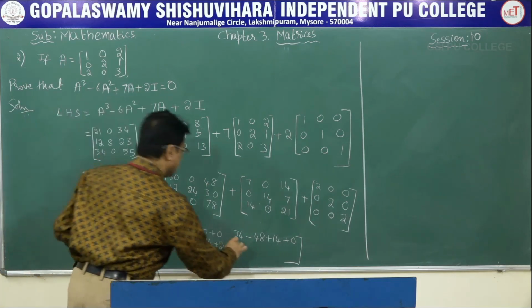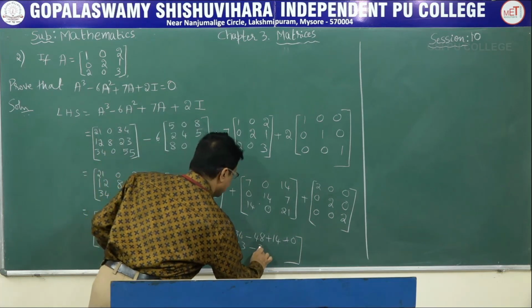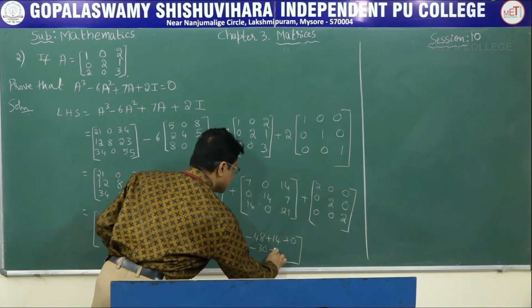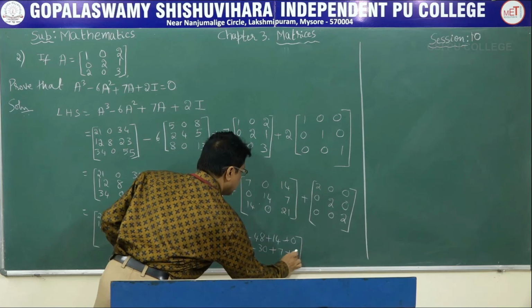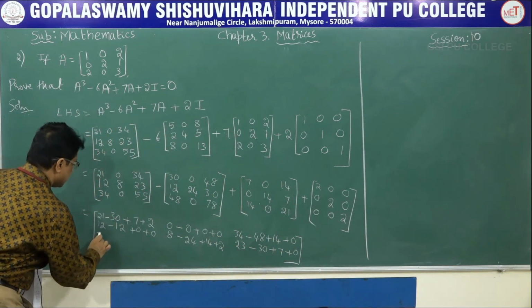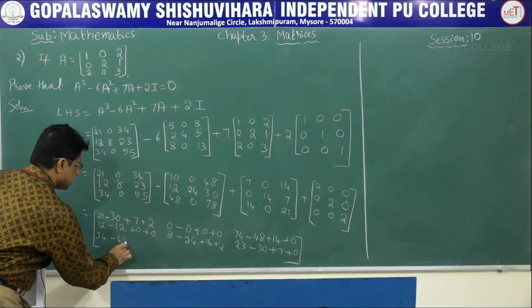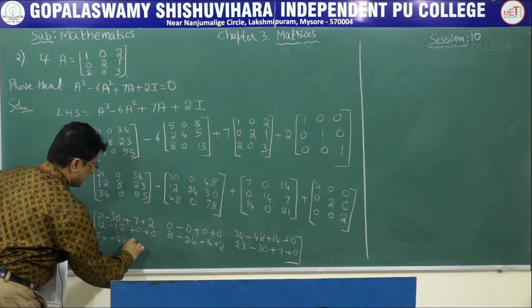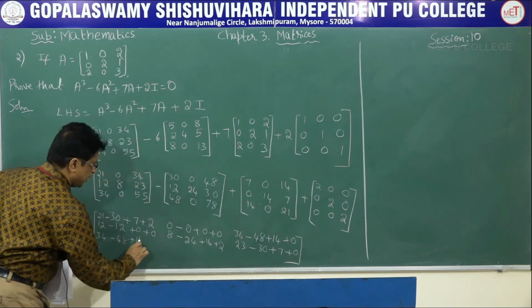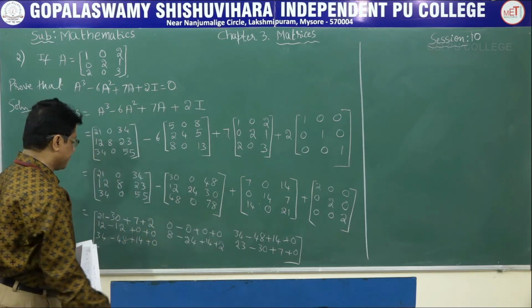Next element is 23 minus 30 plus 7 plus 0. The last row is 34 minus 48 plus 14 plus 0.